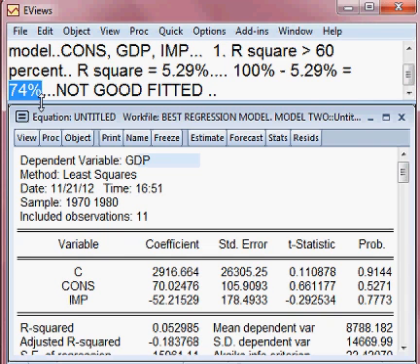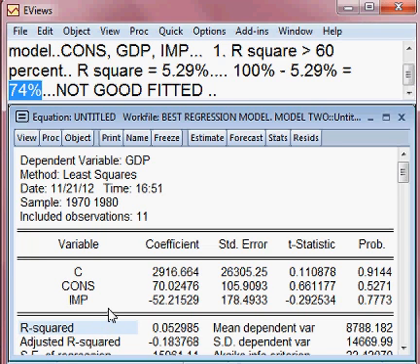And these other factors, other variables, are actually called the residual, and that is 74%, right? So this model is not good because R squared is small. So we are not happy about this model, right?